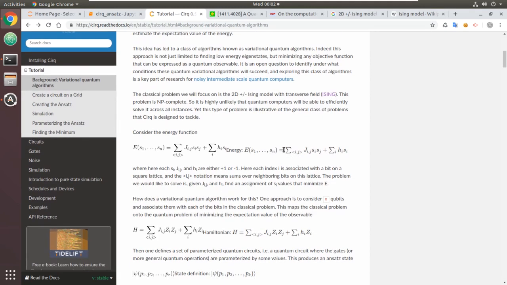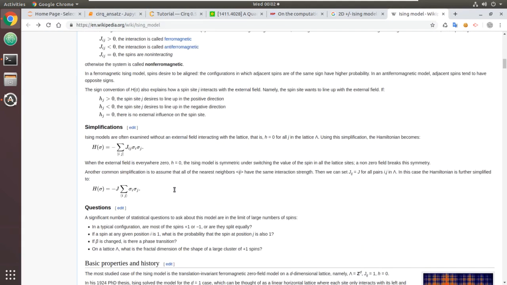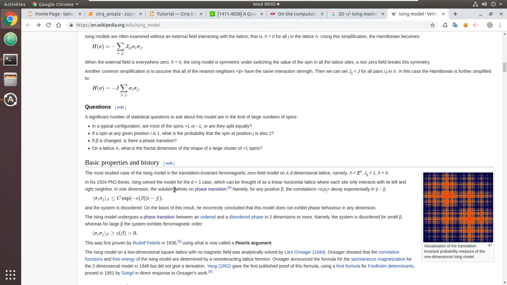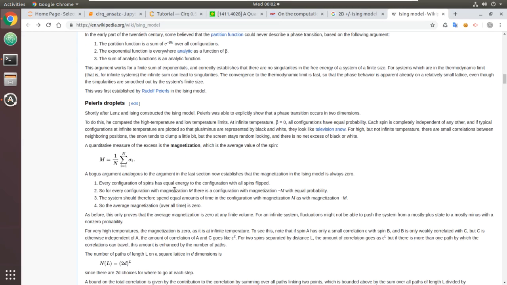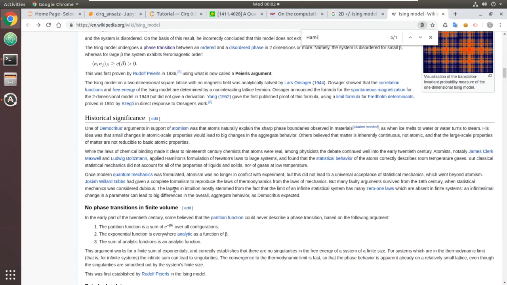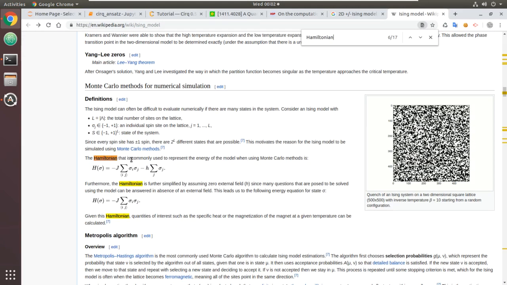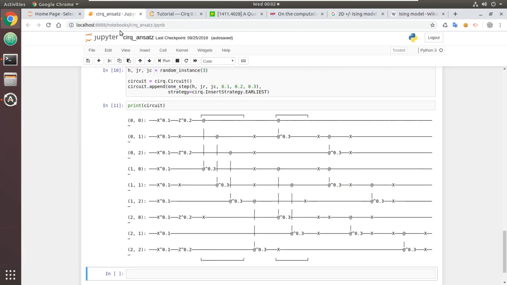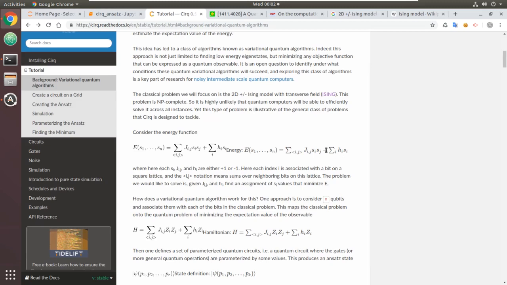Okay, so that's the Hamiltonian we saw in the Wikipedia. That's this one here. Yeah. Kind of.